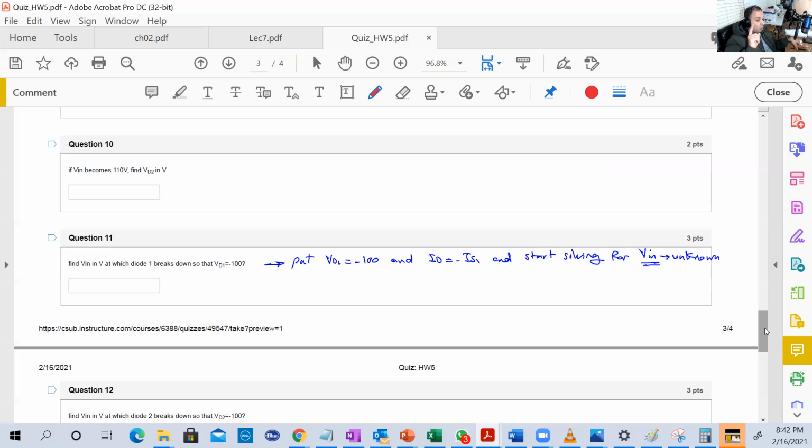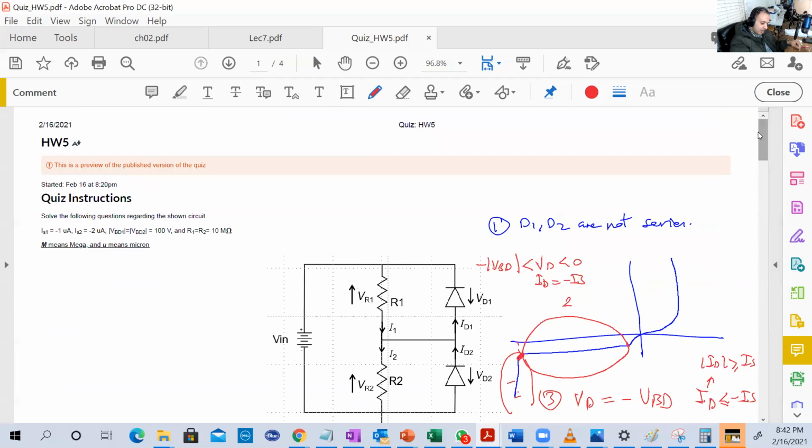And remember, if we are on the edge of the breakdown, this point here that I just highlighted at the beginning, which is a transition point between region 2 and region 3, at that point, this is the minimum input that will be applied to the circuit, such that when you increase it by 1 microvolt, then you go into breakdown.